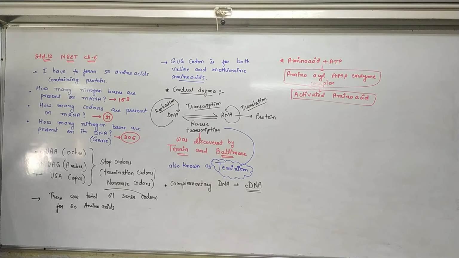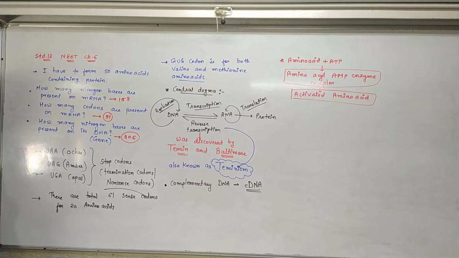And now this activated specific amino acid can bind on the 3' end of the tRNA strand. So if a specific amino acid is attached on the tRNA, this tRNA is known as aminoacyl tRNA. So please remember that whenever the word acyl is used, an amino acid is bound to it. Right?